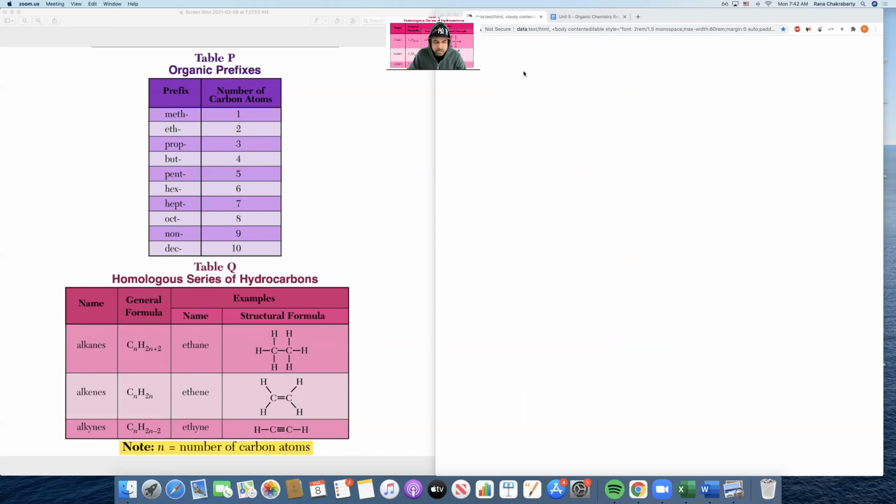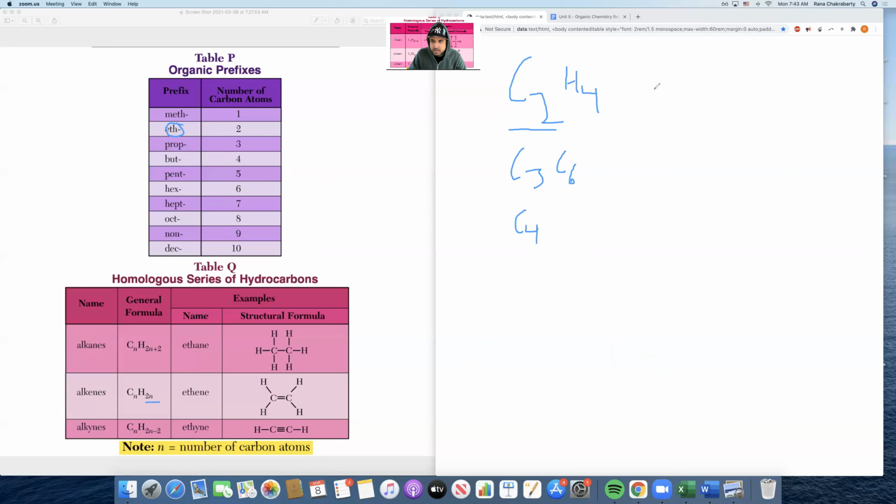So you can't have an alkene with only one carbon. It just wouldn't work out if you try drawing it. So the first alkene is ethene. Then you have propene, right? So why is this first one ethene? Because this one has 2 carbons. And if it has double the amount of hydrogens, it'll end in ene.